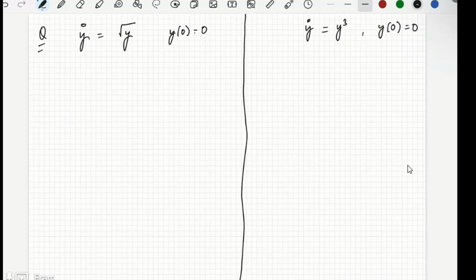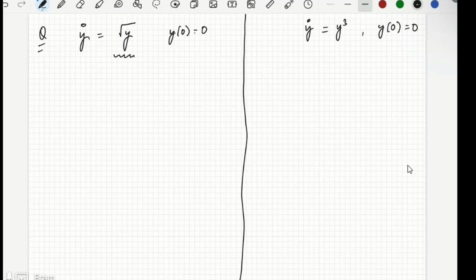So the first one, the solution will exist or not for the first ODE. Now in order to check the existence of solution, we have to check whether this RHS is continuous or not.